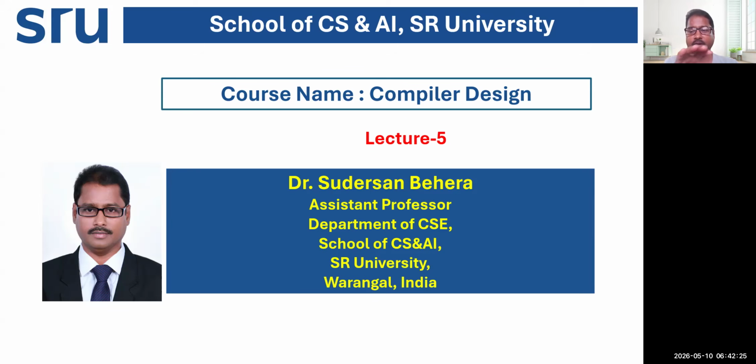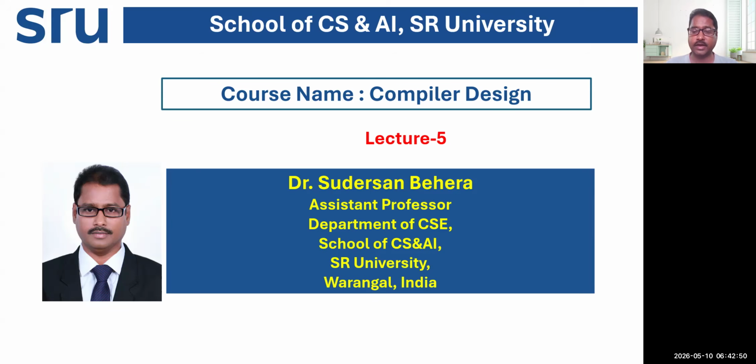Okay, but how is this happening? This is happening through a tool called DFA. Yesterday we learned this theoretically. Today we will take one example under lecture 5 to know in depth how DFA actually works.